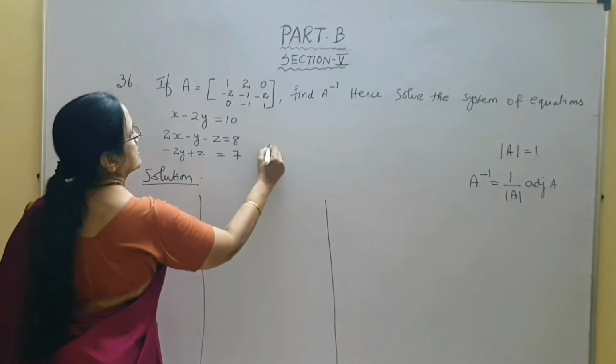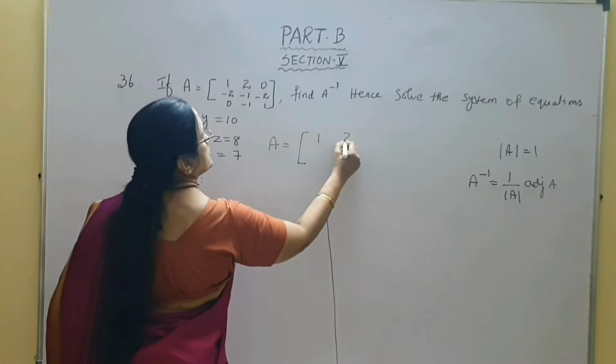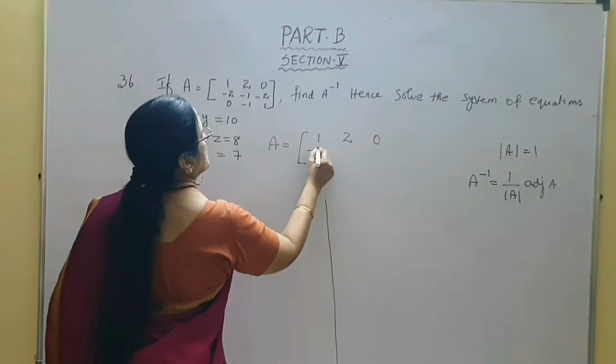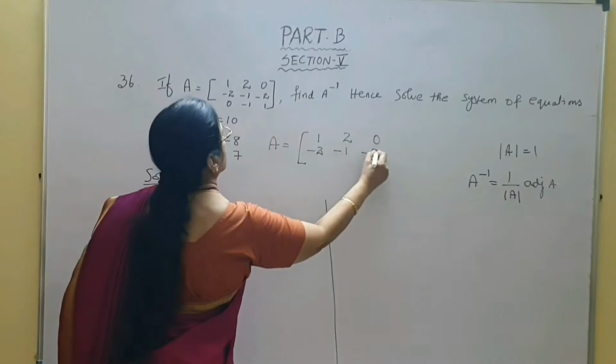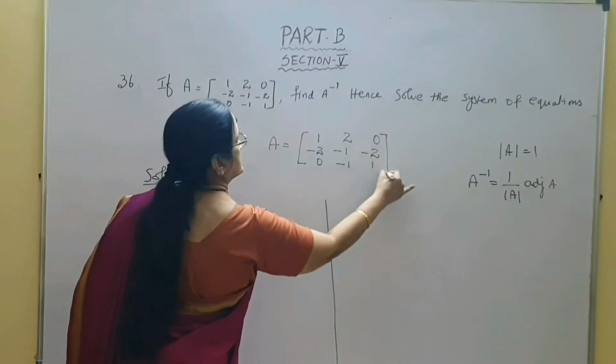You have been given the matrix A is 1, 2, 0, minus 2, minus 1, minus 2, 0, minus 1, 1.